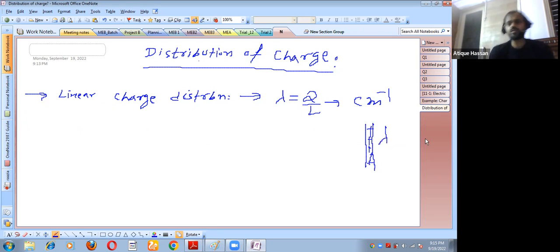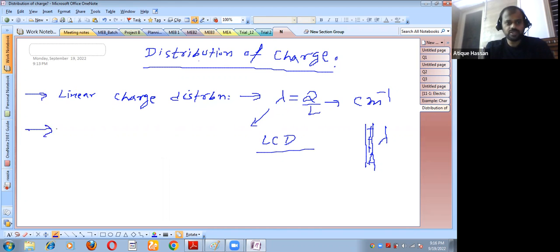In such cases, we cannot calculate the total charge, so these charges are represented by their linear charge density. So this is basically called linear charge density, LCD. We say that this object has 4 Coulomb per meter or 5 Coulomb per meter of charge distributed. So we mention it that way for long charge distributions.